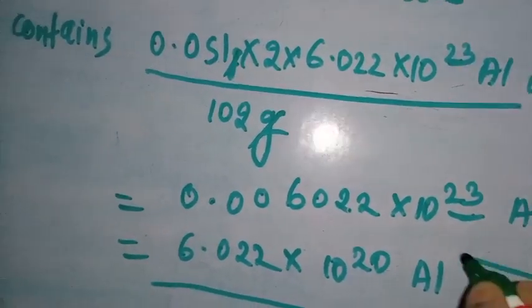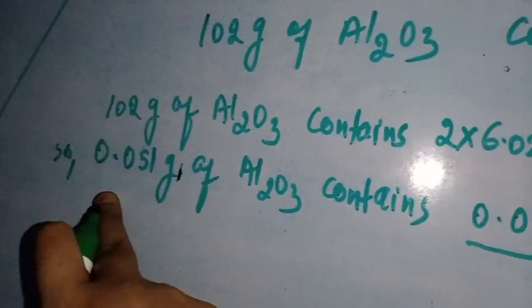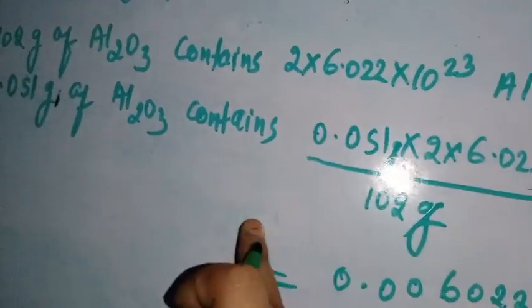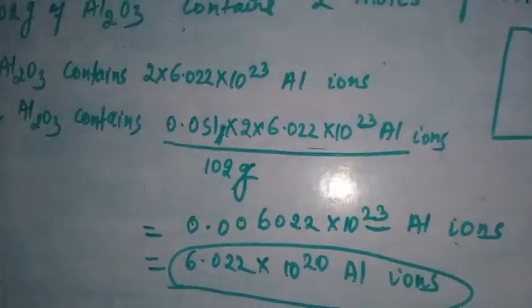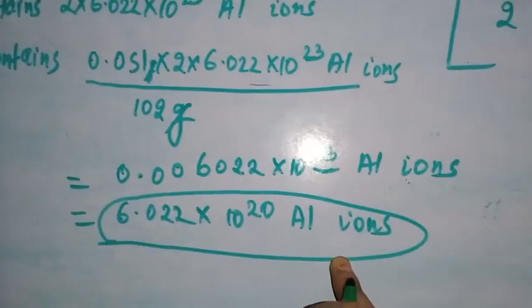This will be your answer. So 0.051 gram of aluminium oxide contains 6.022 into 10 to the power 20 aluminium ions.